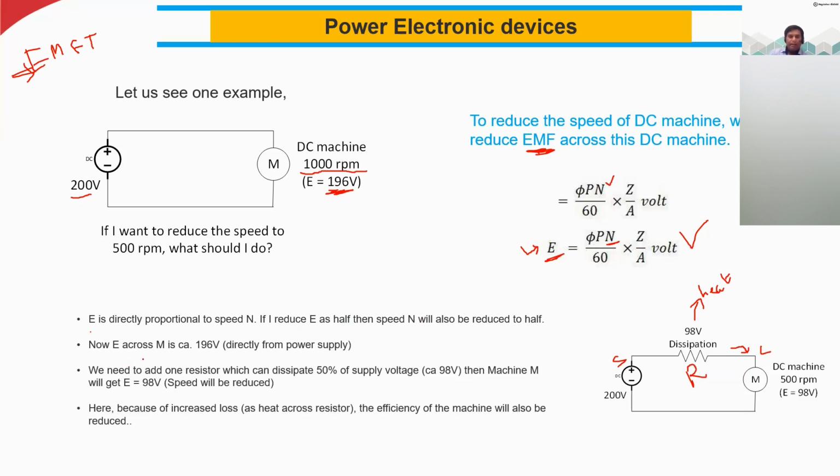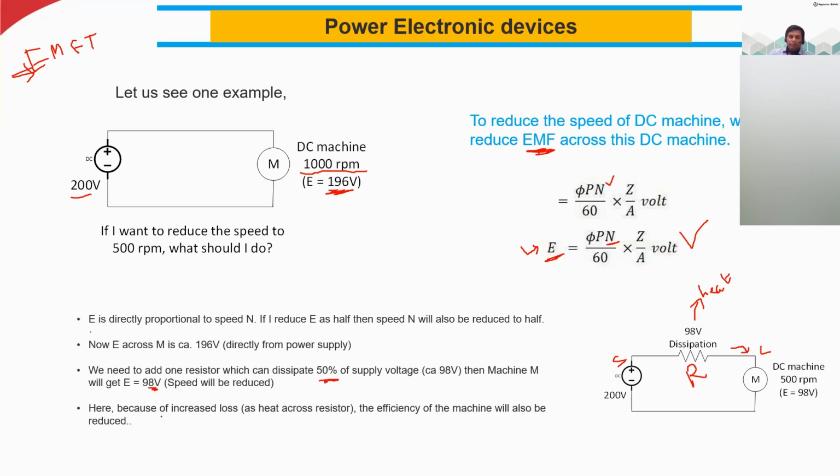Let us say right now the EMF or E across this machine M is 196 volt directly from this power supply. We need to add one resistor which can dissipate 50% of the supply voltage, circa 98 volt. Then the machine will get only 98 volt and the speed will be reduced.